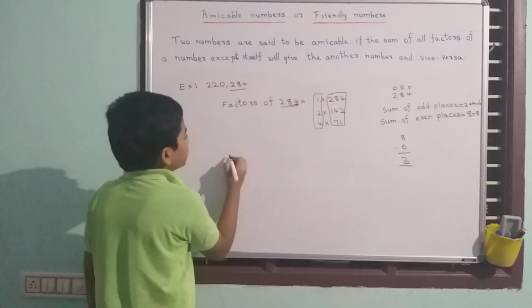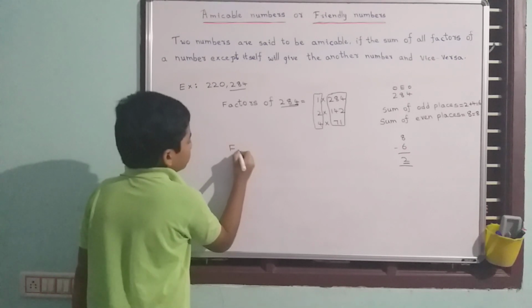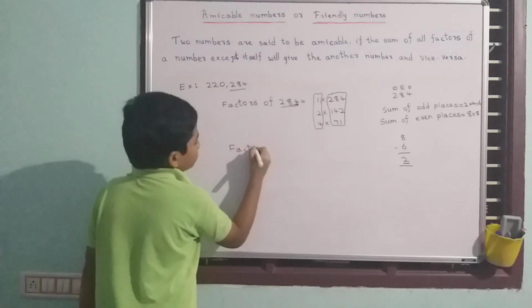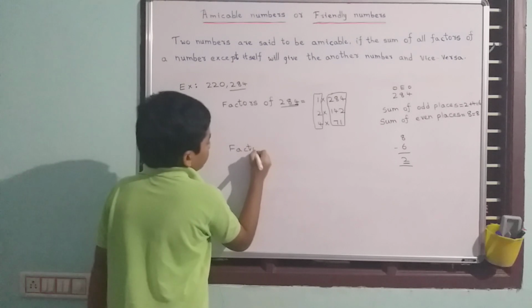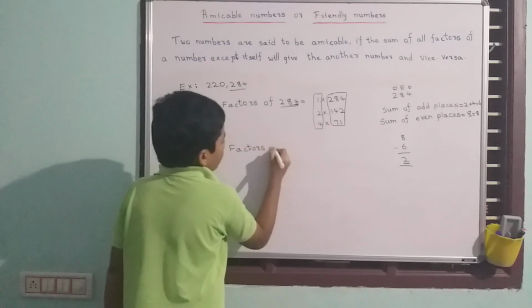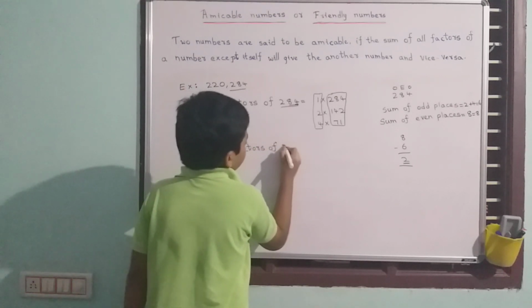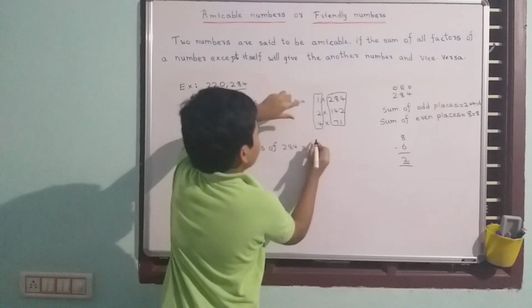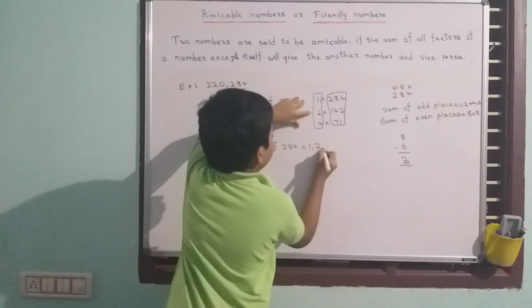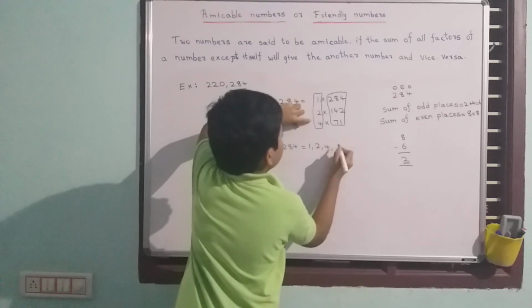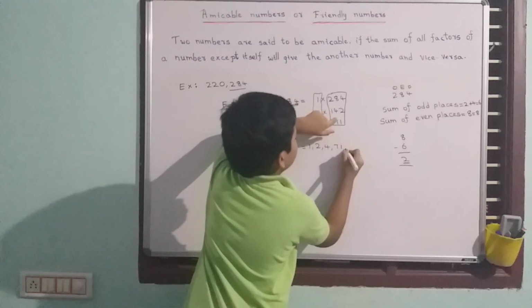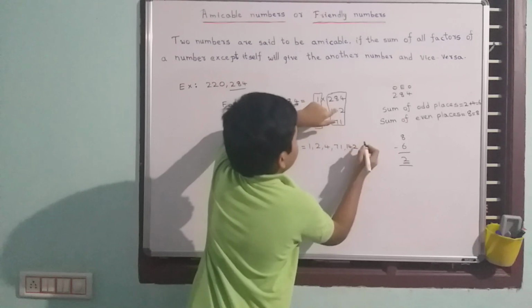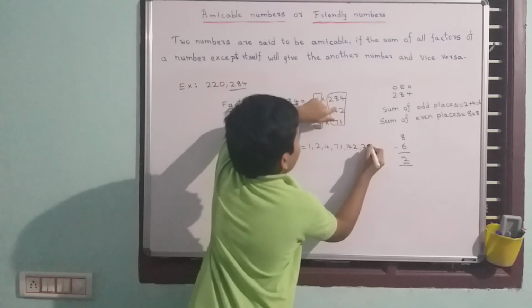Now let us write the factors of 284. Factors of 284 are 1, 2, 4, 71, 142 and 284.